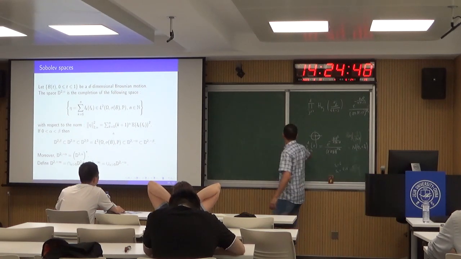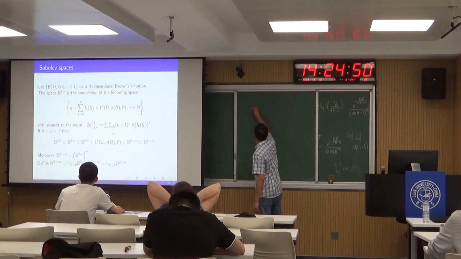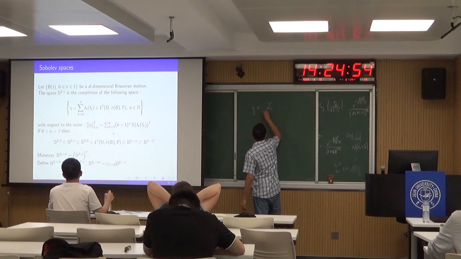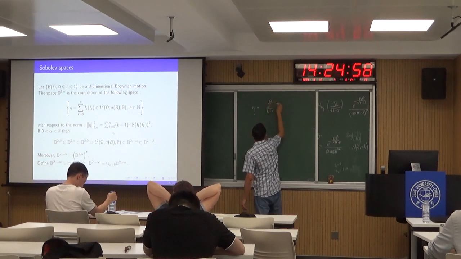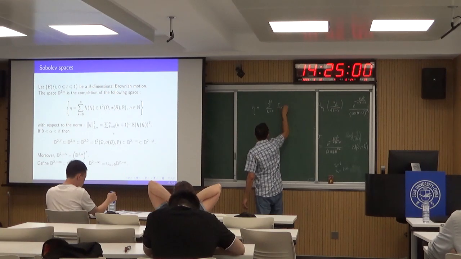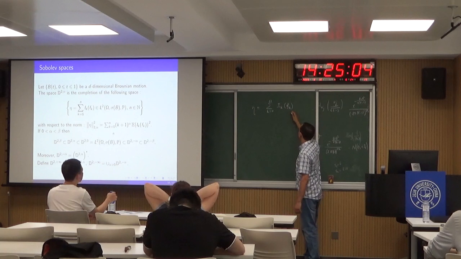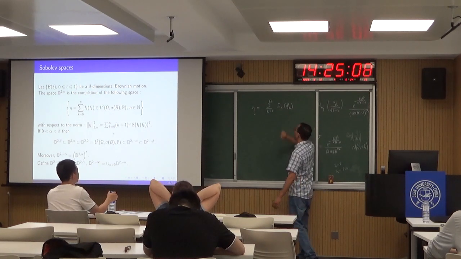So eta. It's important to understand this. If we take eta equal to the sum from 0 to n of I_k of f_k, this is a square integrable random variable, measurable with respect to the Brownian motion, but having a finite number of terms.